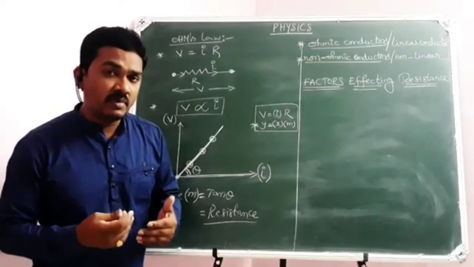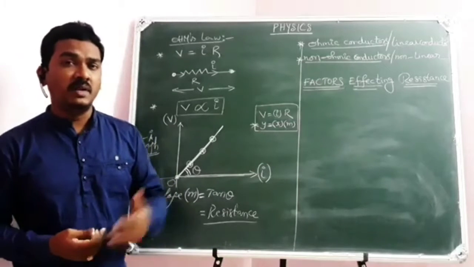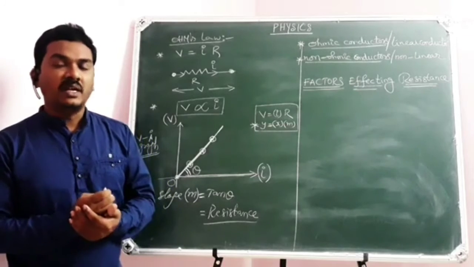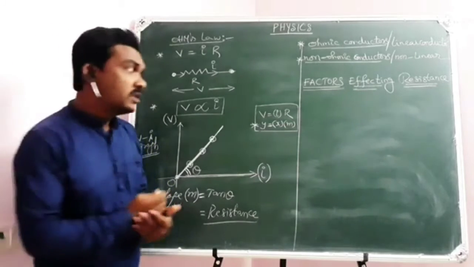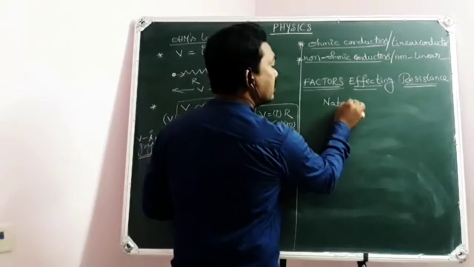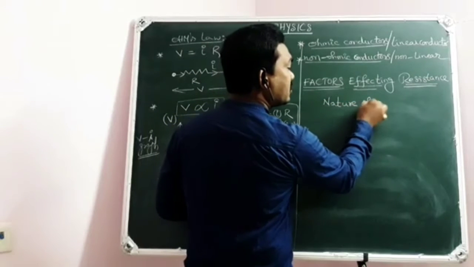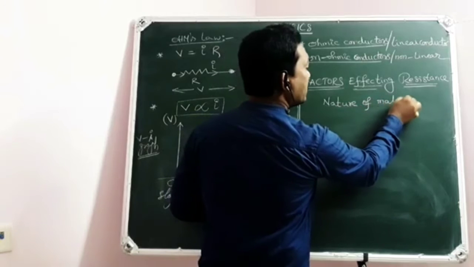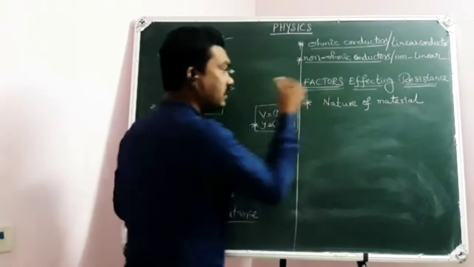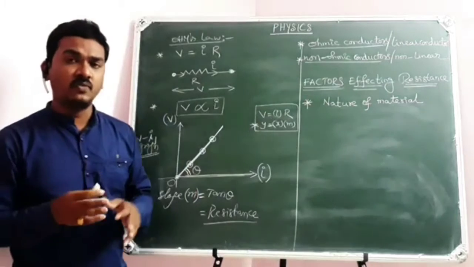The resistance offered by a silver wire will be less compared to that of a copper wire. So different materials will have different values of resistance. The nature of material is one of the factors that can influence the resistance of a conducting wire.